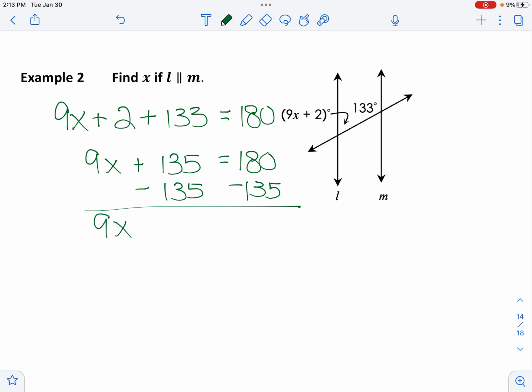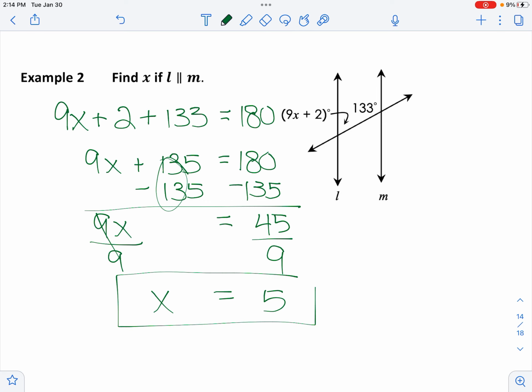You get 9x equals 45. All right, and then lastly, divide by 9 on both sides, we get 5. So in order for L and M to be parallel, x has to be 5. So x equals 5.